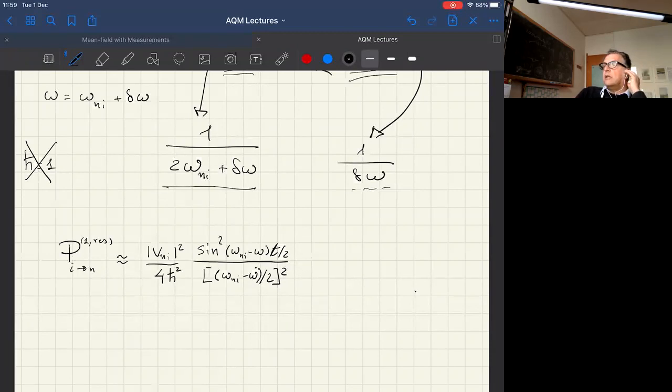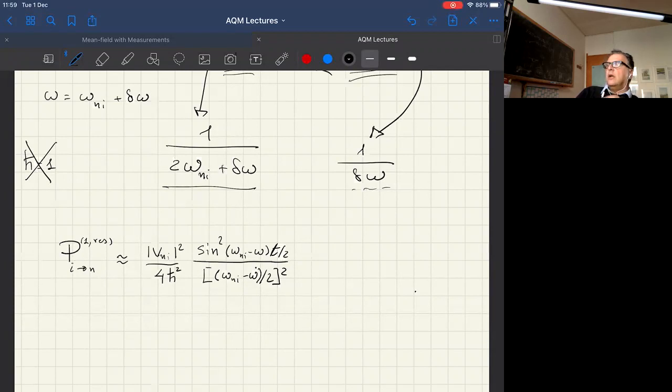But this is not possible, because we know that this is a perturbation. First of all, a probability cannot become larger than 1. Okay, this is important. Moreover, we know that in perturbation theory, this correction should be small. So this is important. You should keep this in mind.